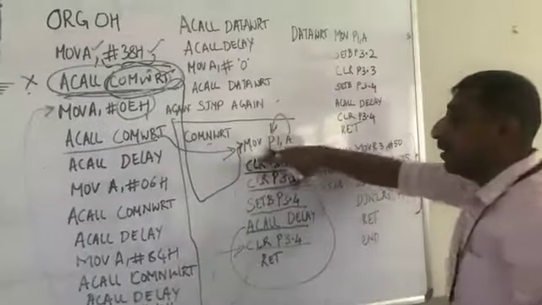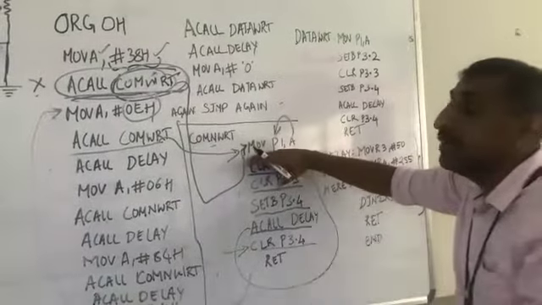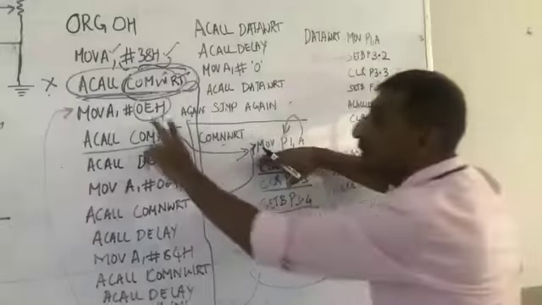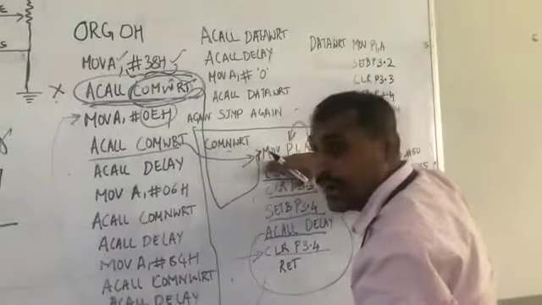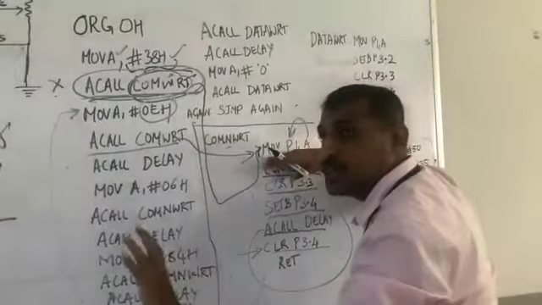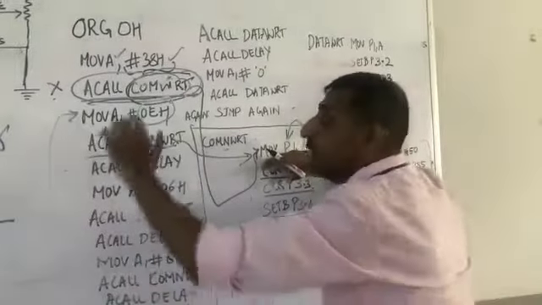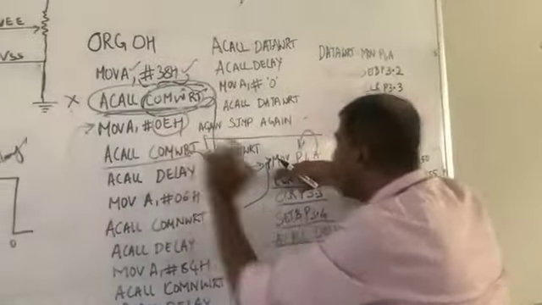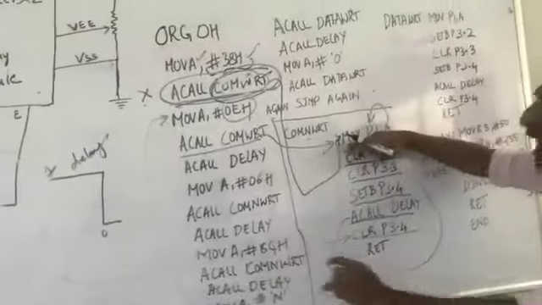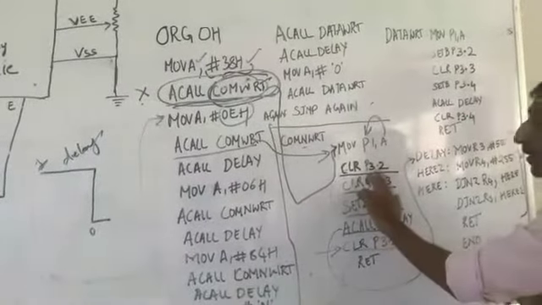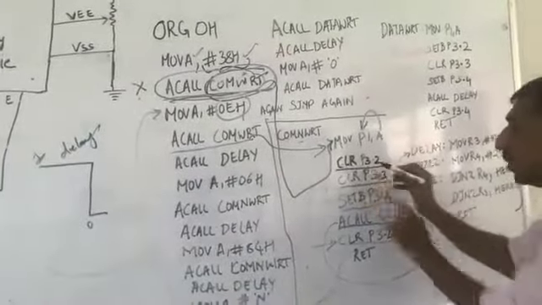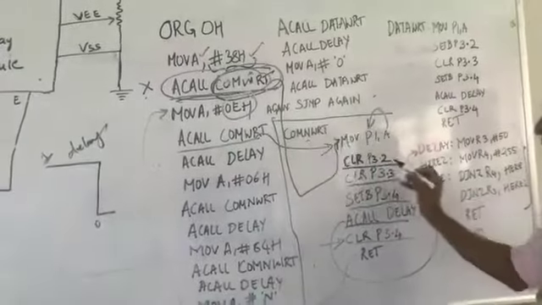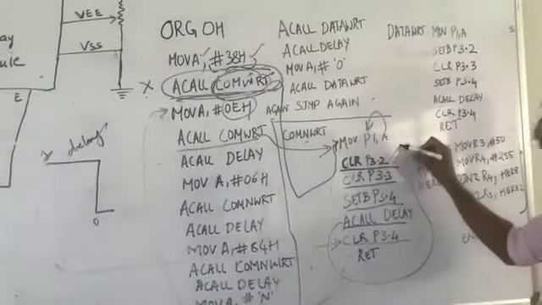After that, now you should tell the LCD whether this 0EH needs to be displayed or whether this needs to be executed as a command. This needs to be executed as a command. Therefore, you will have to again make the register select as 0, therefore P3.2 is now made 0 again.